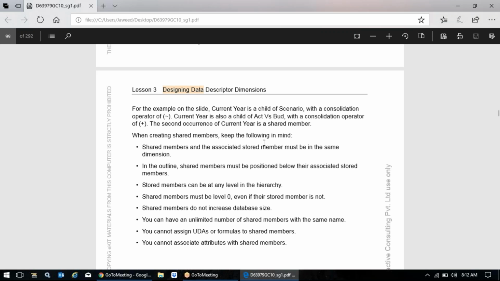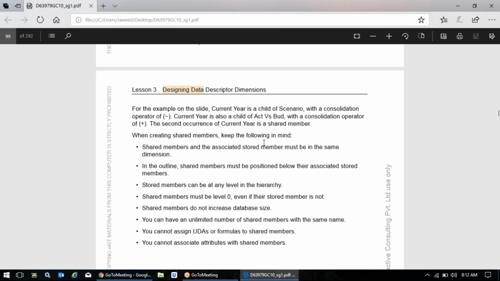Now it has to have some value, right? That's when you can share it. So when you mark it as a shared member, you are already storing some value in there. So when you're marking a member as shared, it already shares the value which is already available in there.